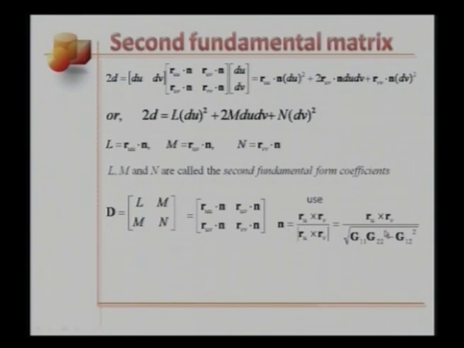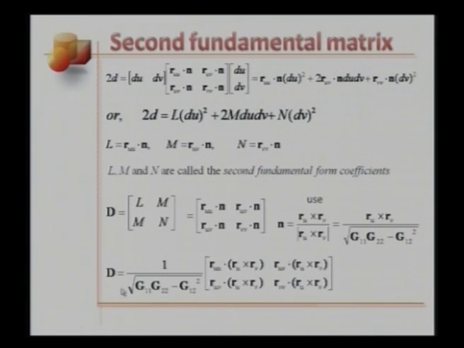So if we use this result here, we get the second fundamental matrix D as 1 over the square root of the determinant of G times r_uu dotted with r_u crossed r_v, r_uv dotted with r_u crossed r_v, the same element here, and r_vv dotted with r_u crossed with r_v.